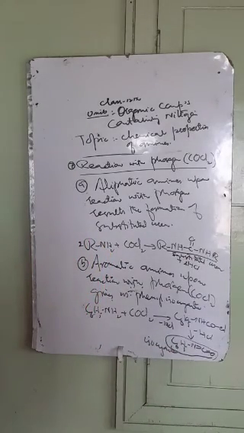So we have the reaction of the amines with phosgene. Aliphatic amines react with phosgene and result in the formation of substituted urea, while aromatic amines react with phosgene and result in the formation of phenyl isocyanate.